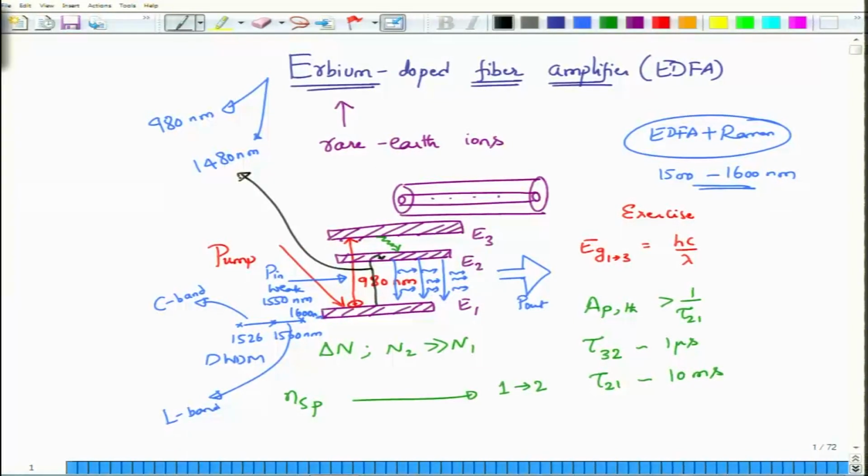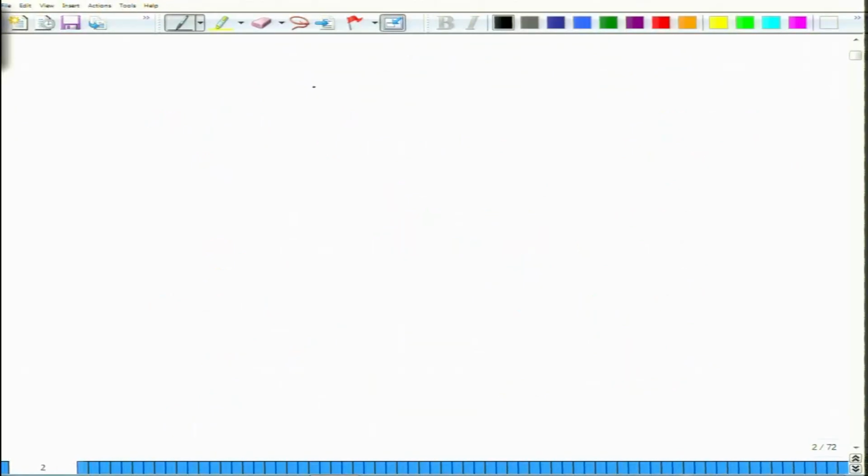Okay. So, why do we not use 1480 nanometer? Well, we do use 1480 nanometer in situations where, let us say, I have a span of fiber here, and then I have an erbium doped fiber amplifier at this position. So, let us say the fiber is about 2 to 10 kilometers, but the erbium doped fiber is located here and I do not have access to this amplifier.